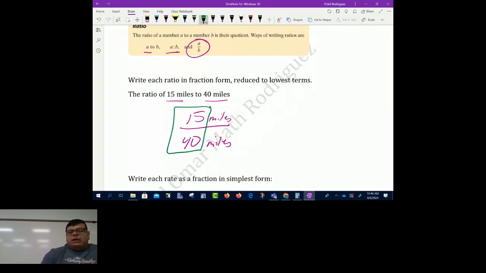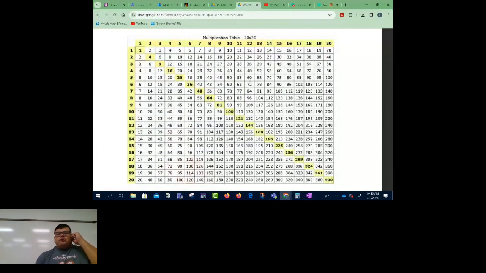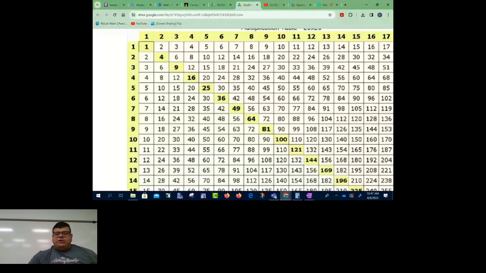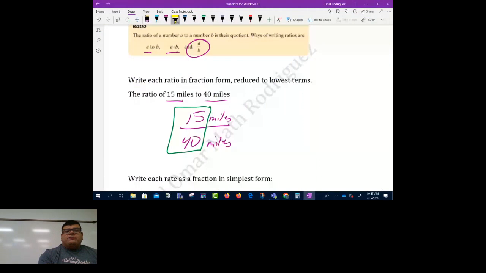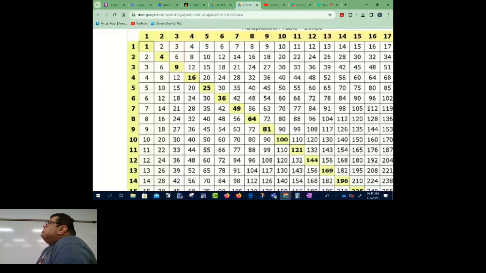and 40. Y'all, I gave y'all that multiplication table, right? So I want you to look here at the chart, okay? And the numbers that I'm looking for are 15 and 40. If I look at my table, where would you say you see the 15 and the 40, either in the same column going up or down or in the same row going left or right?